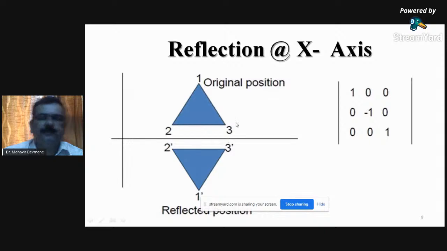If the current y value is negative, then it will become positive, right? So whenever we are performing reflection with reference to the x-axis, the x value remains the same and the y values are negated.